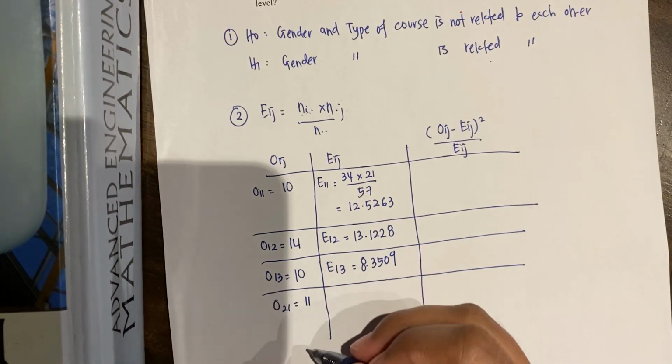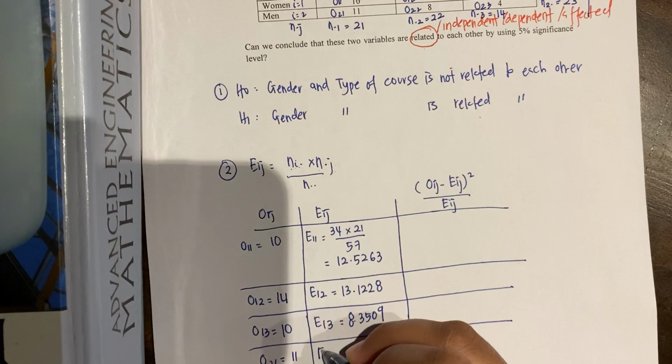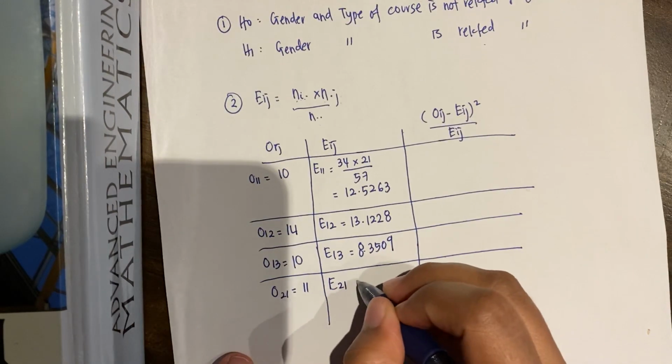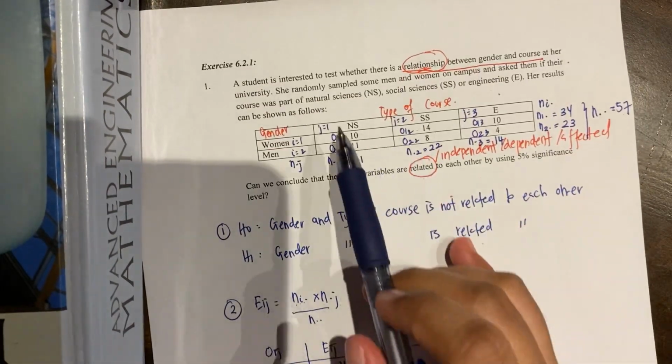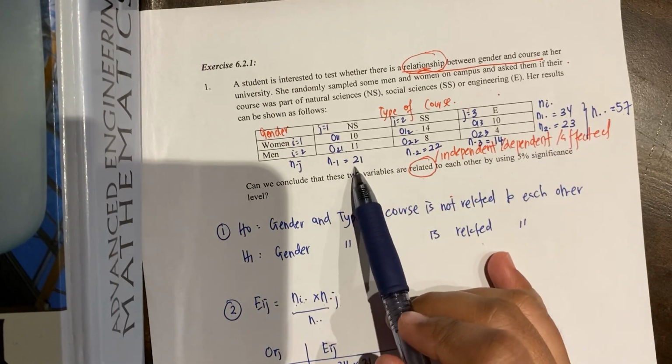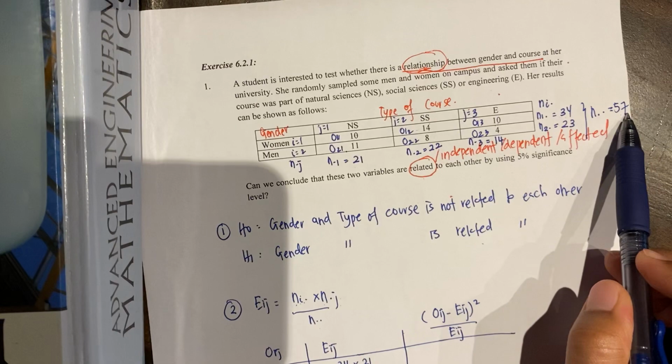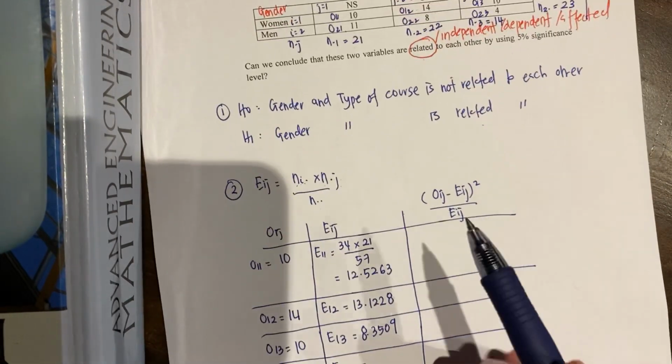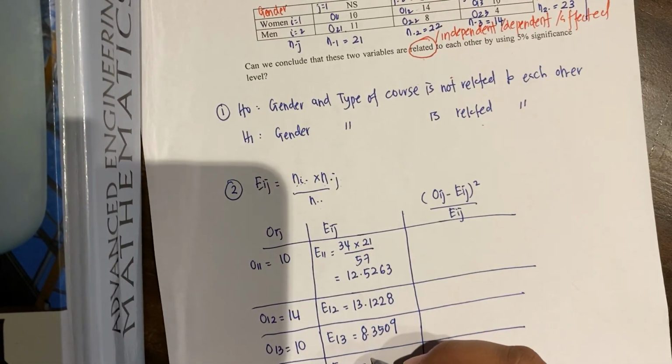O21 is 11, so we need E21. The position is here, so it means 23 times 21 divided by 57. You will get 8.4737.